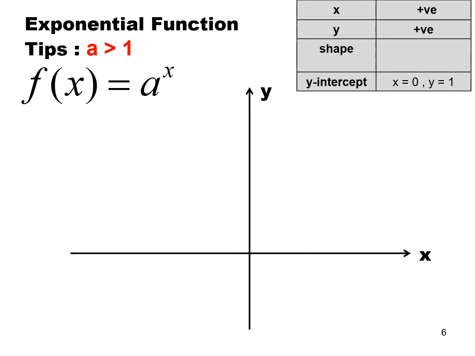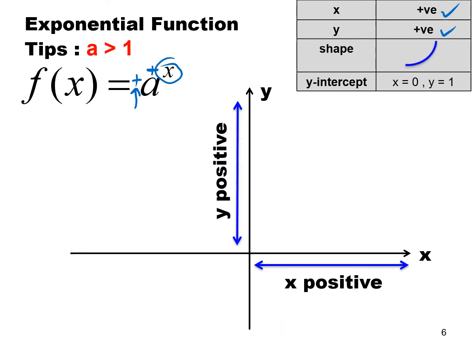For x, we look at the exponent there. When this is positive, we put positive here. And for y, we look at the front here. This is positive, so I put positive here. How about the shape? The shape we get from x positive, y positive is like this.